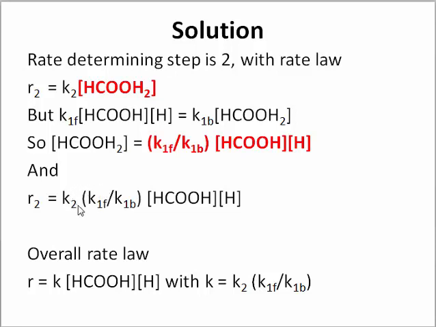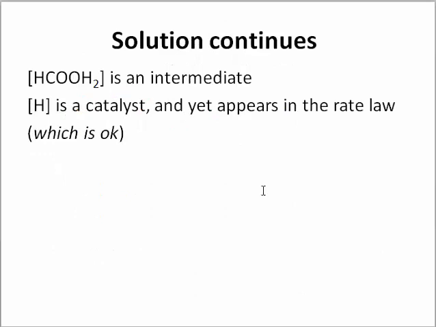And if we take k2 times k1f over k1b as k, the overall rate law is rate equals k times HCOOH times H. The intermediate HCOOH2 has been removed from the rate law. The rate law does include the concentration of H. So H is a catalyst, and yet it appears in the overall rate law.